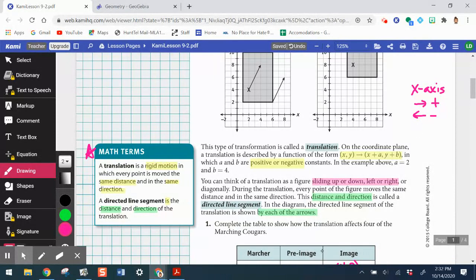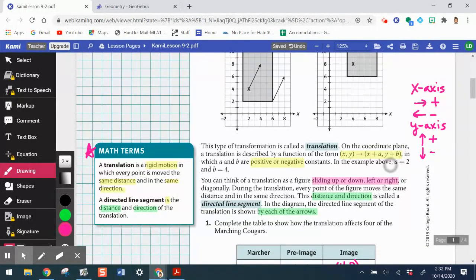Likewise, for the y-axis, when we move up on the y-axis, that's positive. In this case, we moved up 4. That's why b was positive 4. But we could also go down the y-axis, and so we would see a negative constant. So I want to point out, just because we see x + a and y + b, doesn't mean a or b can't be negative. It all depends on the direction we're moving.